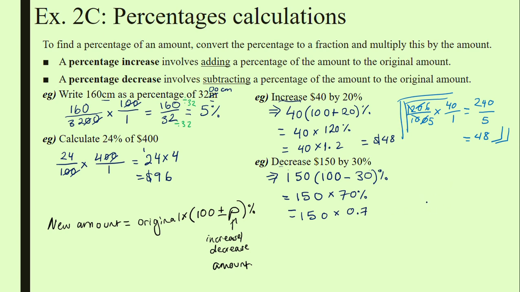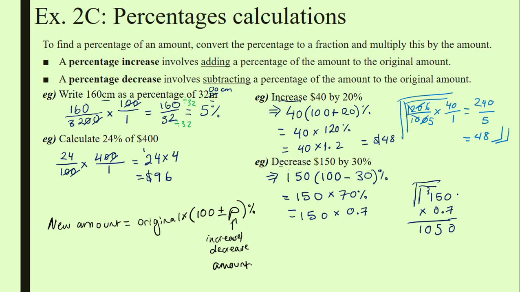Let's use multiplication here, just to review that. So 150 times 0.7. 0 times 7 is, of course, 0. 5 times 7 is 35, carry the 3. 1 times 7 is 7, plus 3 is 10.